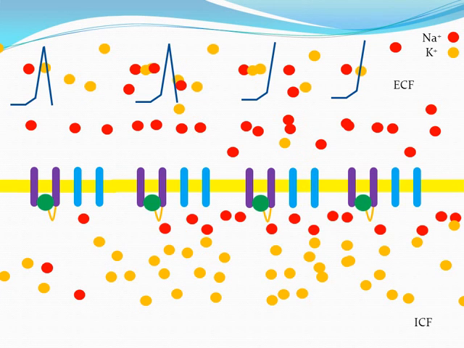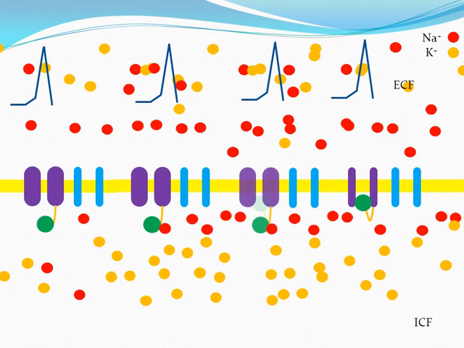So on and so forth. And once we get back to negative 70, it's going to cause it to start to close. Now, the potassium channels are going to start to close, but they're very slow, so they don't fully close up yet. I forgot to mention, but the sodium gates, they reset, right? The inactivation gate opens, but they close up again.